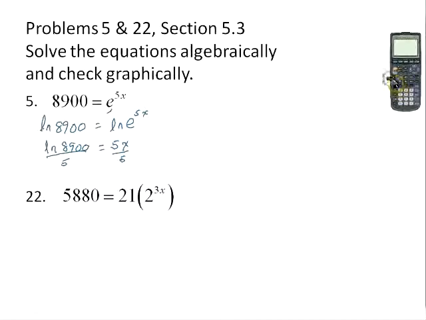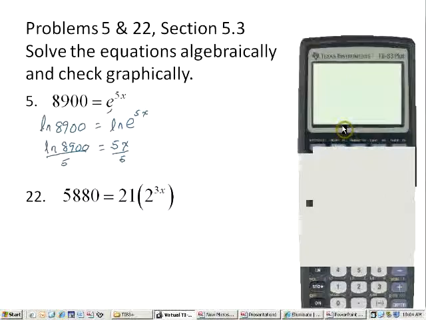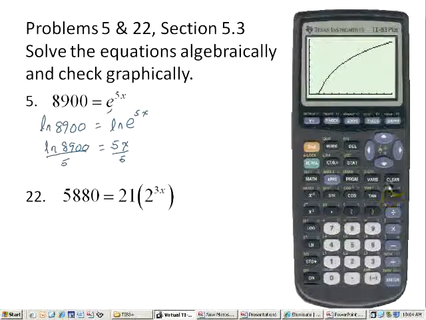Looking at the calculator over here, I'm going to try to make this bigger so that we can all see it. Once we turn it on and clear this out, what we put into the calculator is the natural logarithm of 8,900.